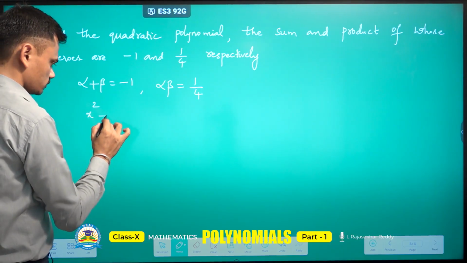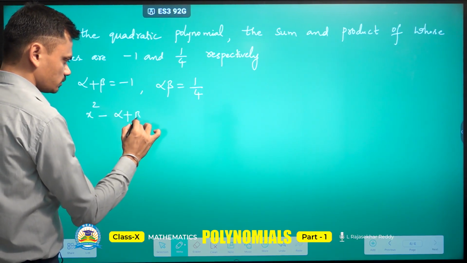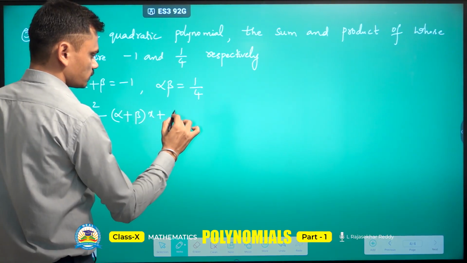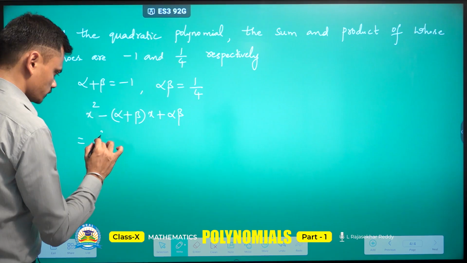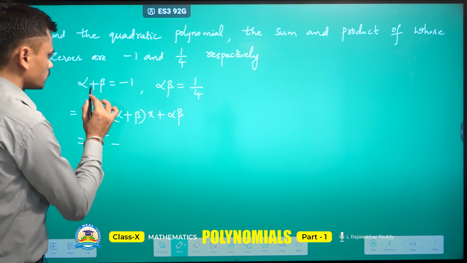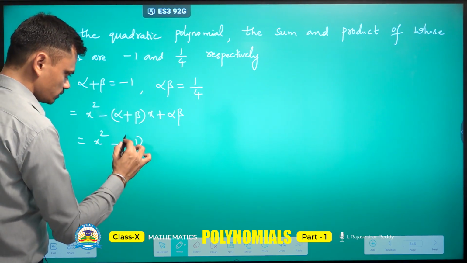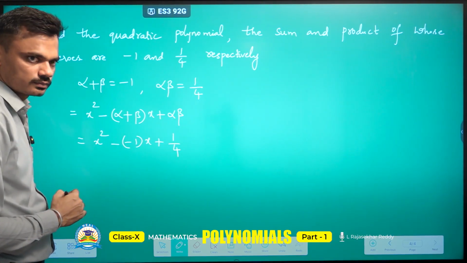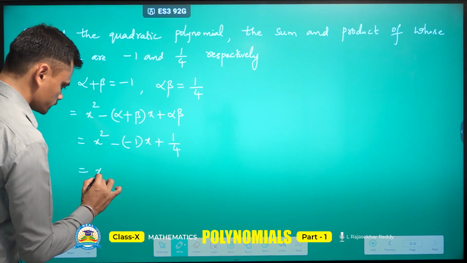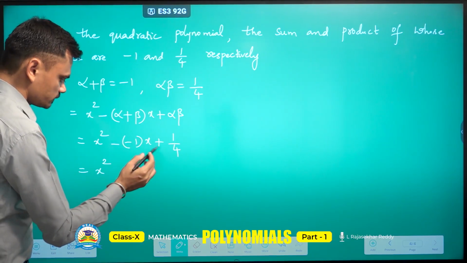x square minus alpha plus beta into x plus alpha into beta. x square minus alpha plus beta, -1, into x plus alpha into beta, 1/4. x square minus into minus, plus 1 into x.